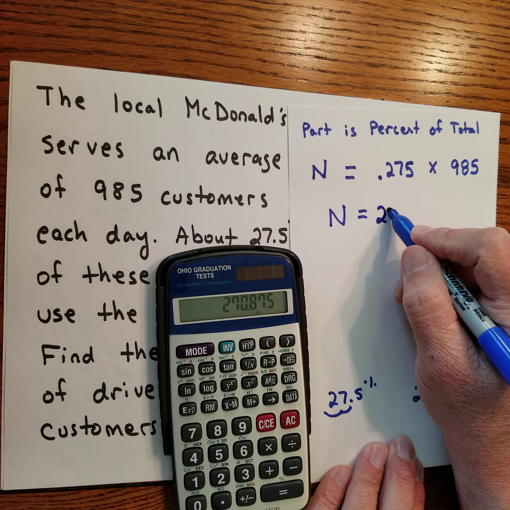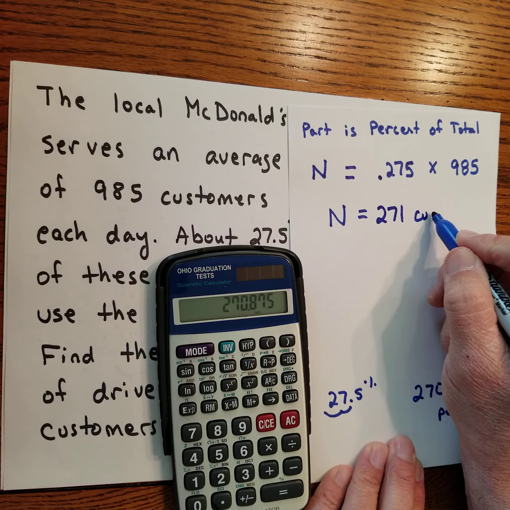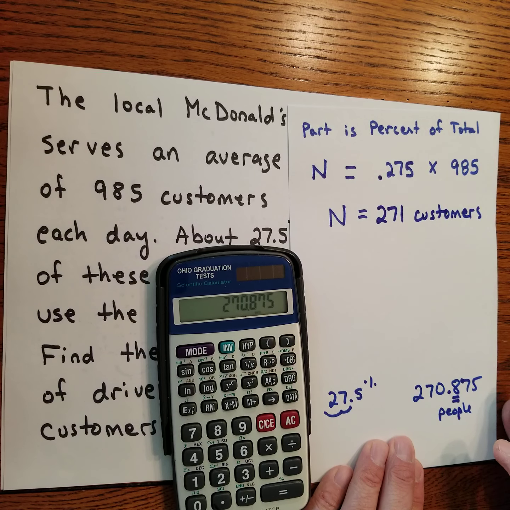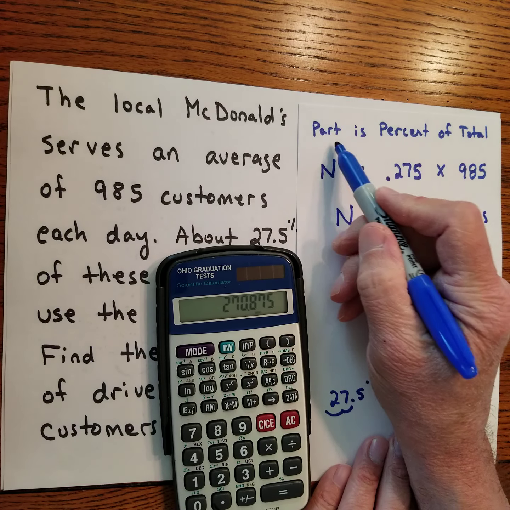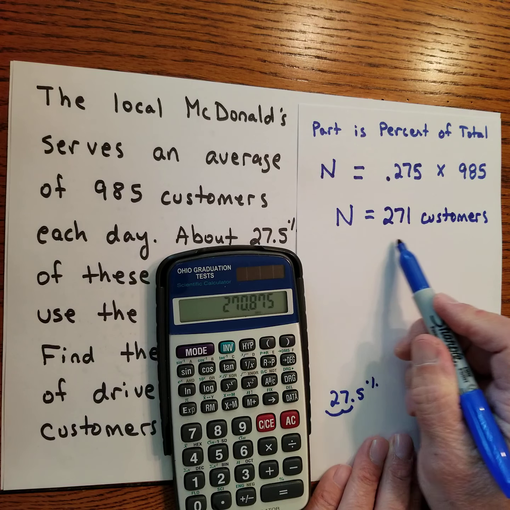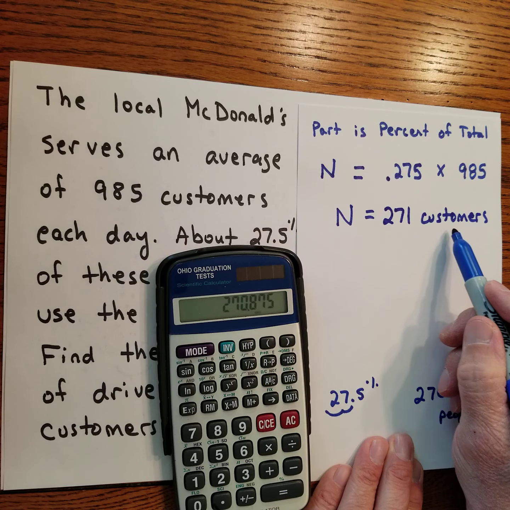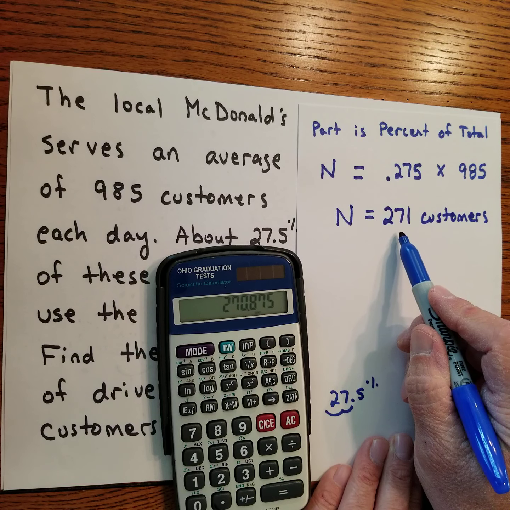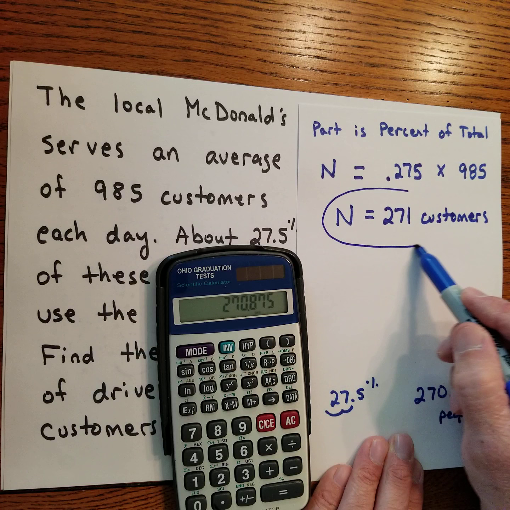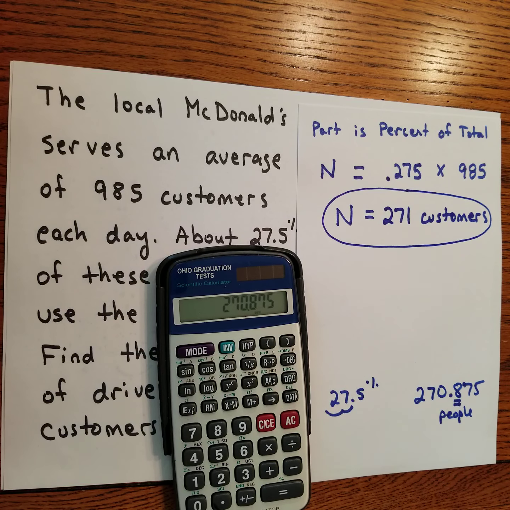It's approximately 271 customers. Now, when you work these problems on your own, write down the formula, fill the formula in, do the multiplication, but then also label your answer. This is 271 what? Well, it's 271 customers. That looks great.